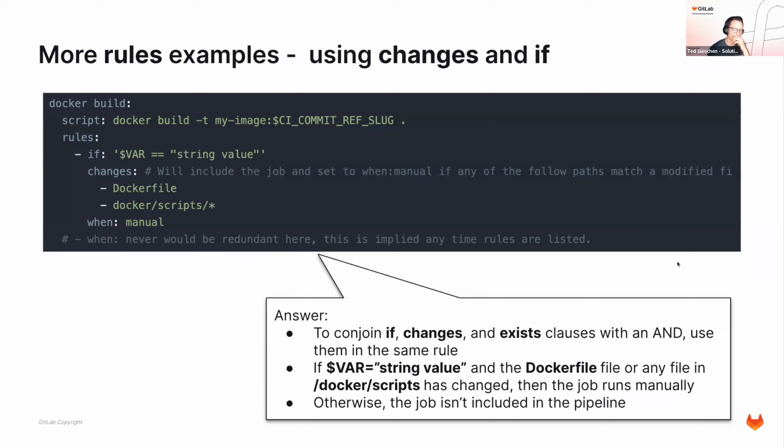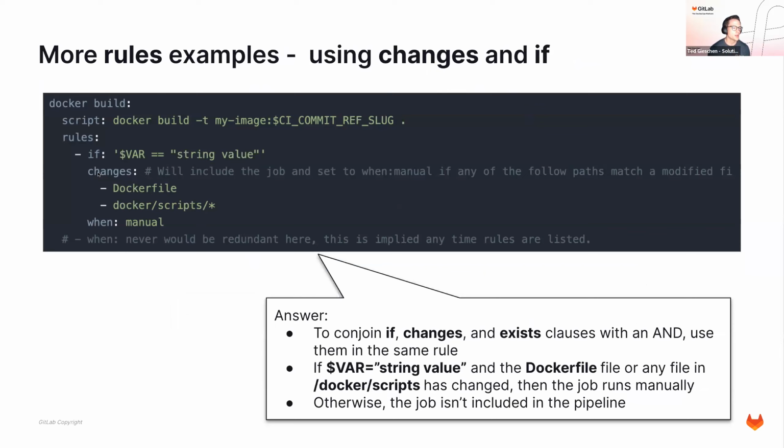All right. And the last example of rules here is leveraging the changes keyword, which can also really be beneficial to add efficiency. What changes basically does is it looks at specific files that were changed and uses that as a condition. So if a certain file was changed or wasn't changed, this rule will kick in.